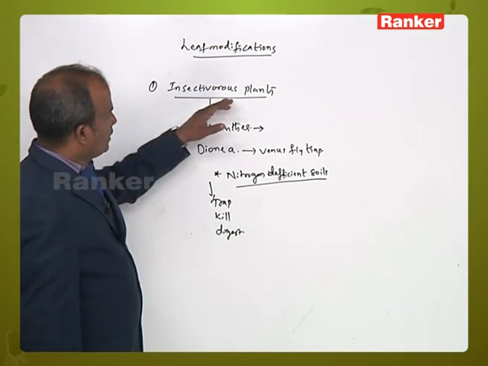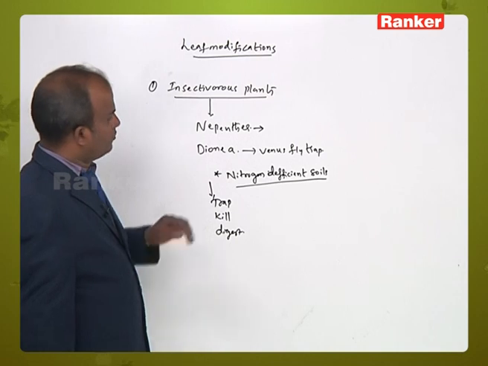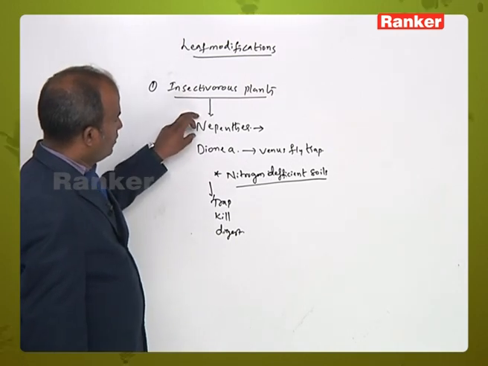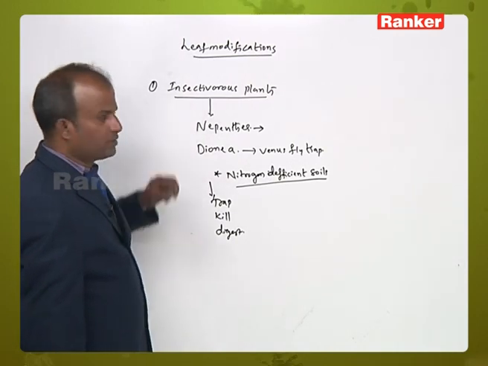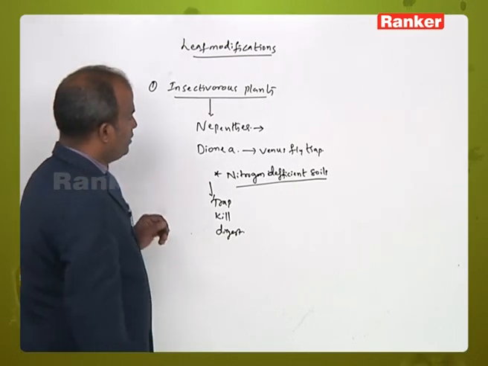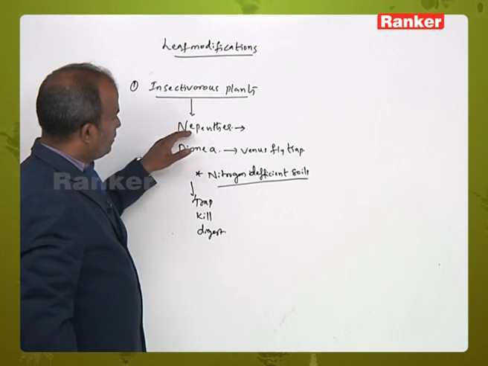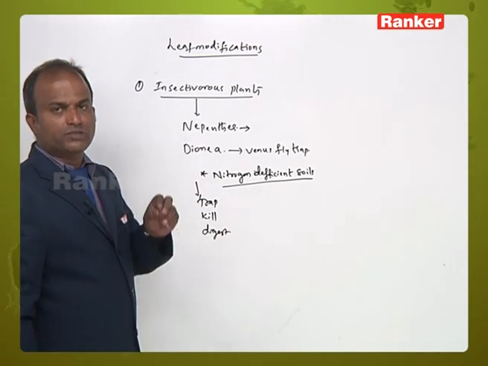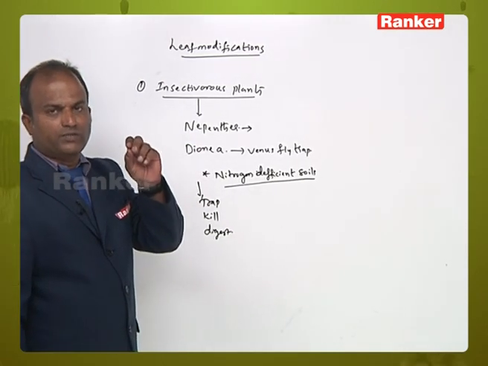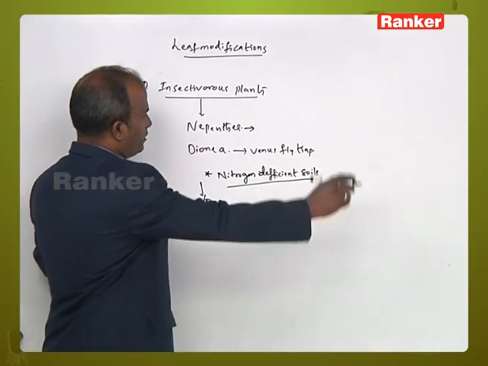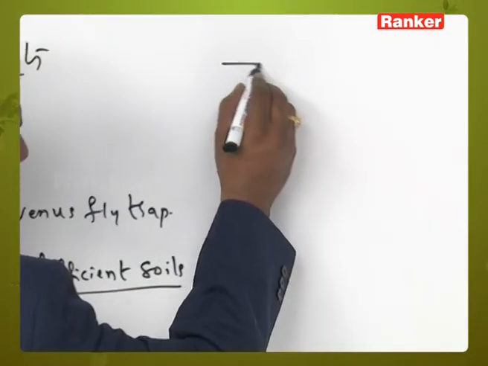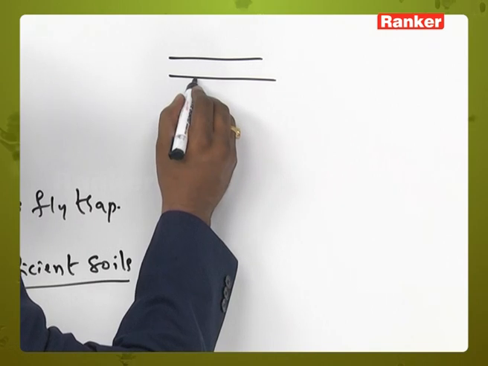In insectivorous plants, when we take Nepenthes as an example, it grows in the Orissa forest when compared within India. Nepenthes shows several modifications, see here.